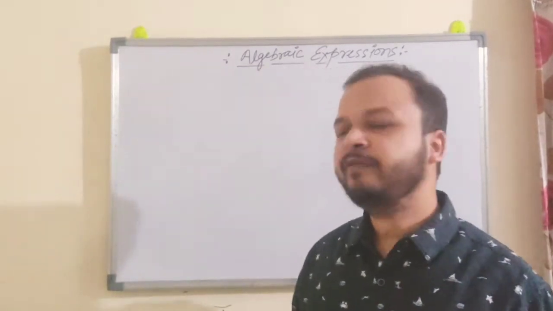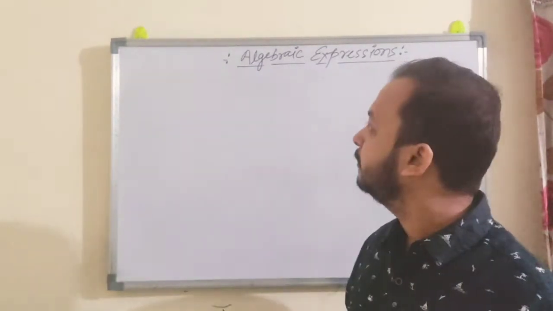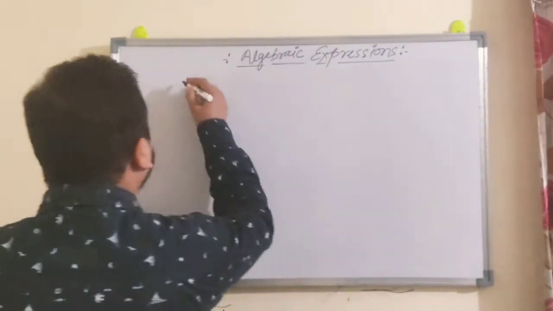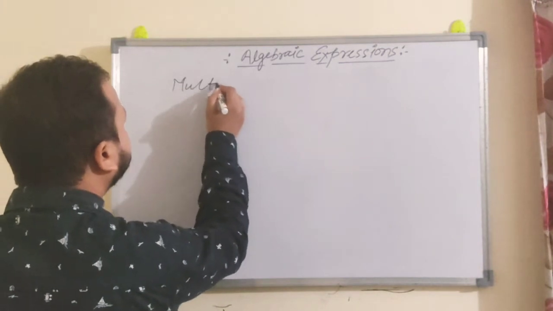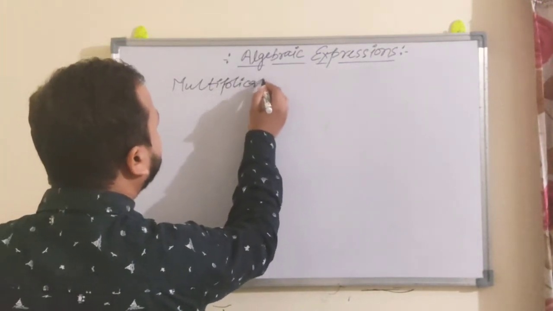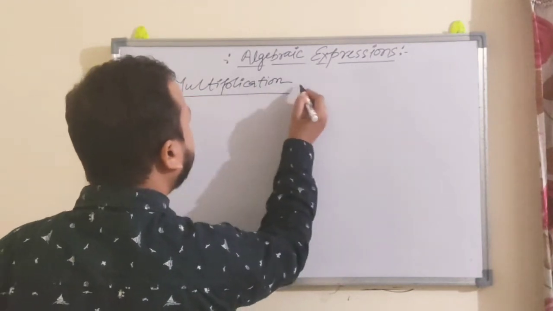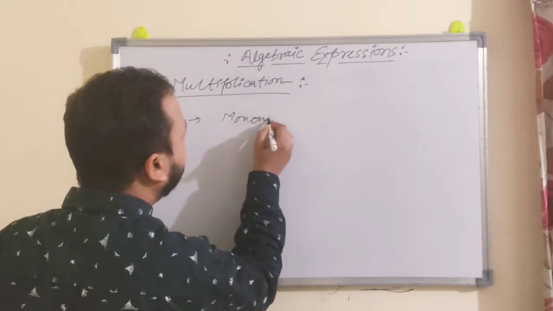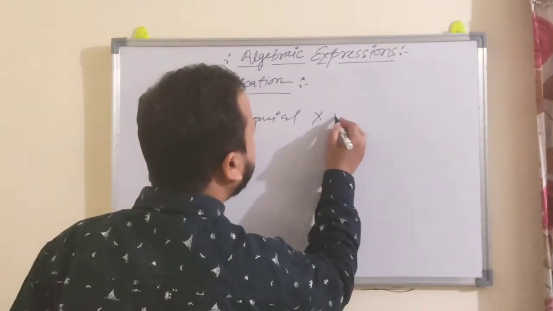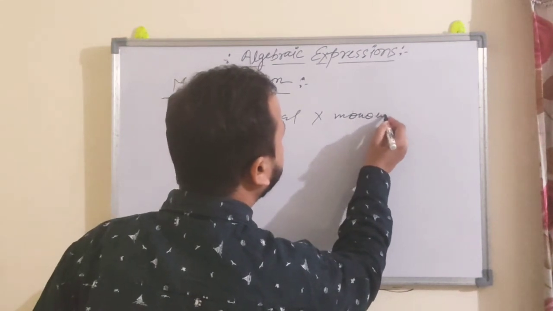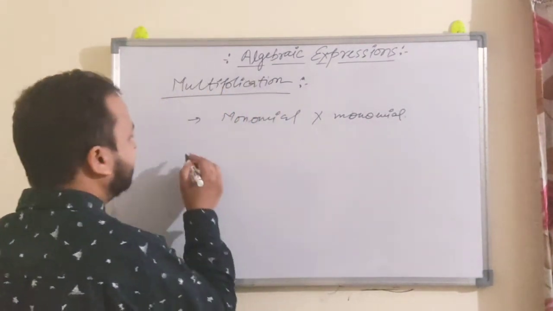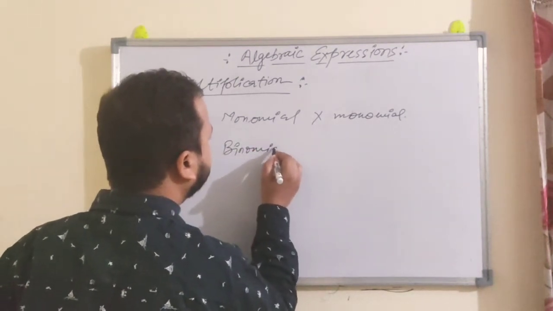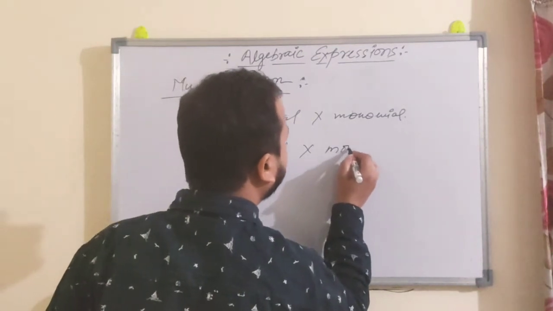So now in this video we are going to start the second part of algebraic expression, that is multiplication. In multiplication there are three types we have to study. First one is when a monomial is multiplied with a monomial. Second is when a binomial is multiplied with a monomial.